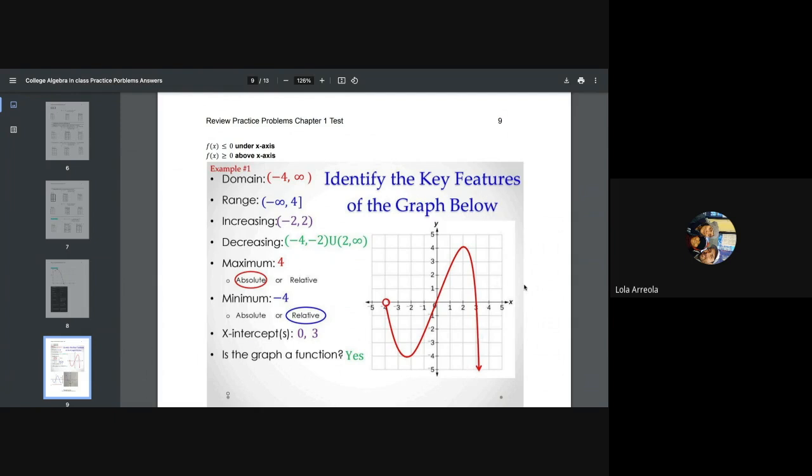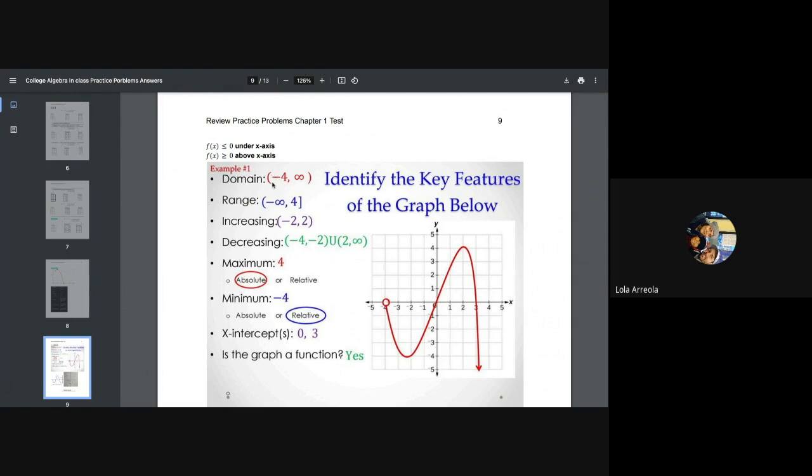So this graph, the domain is going from -4 all the way to infinity because of the arrow. Okay? I cannot bound an arrow. Then at -4, is it open or closed circle?